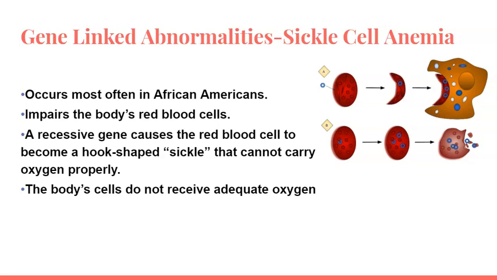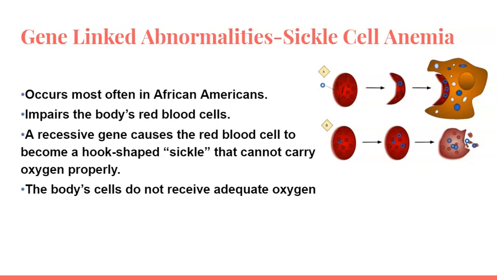If a red blood cell is sickle-shaped or hook-shaped, it cannot carry oxygen properly, which means that your body is not going to receive adequate oxygen. And the reason why that is important is because if your body is not receiving adequate oxygen, that can result in heart failure.